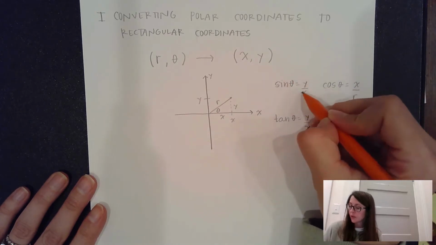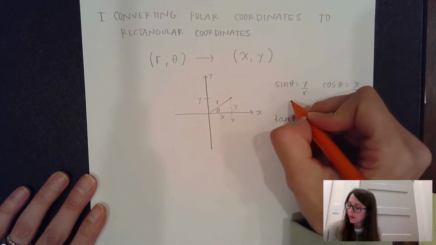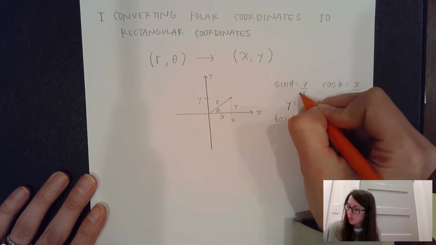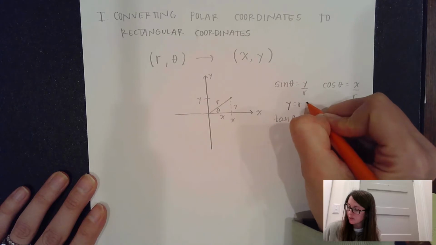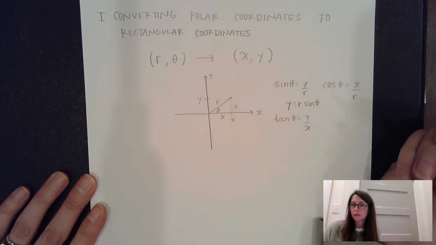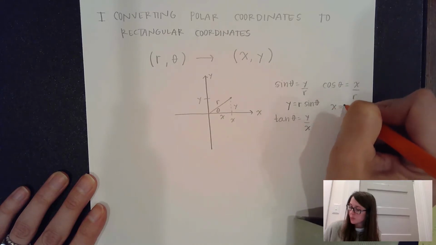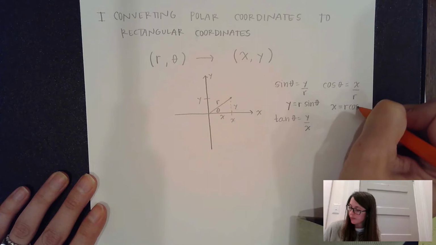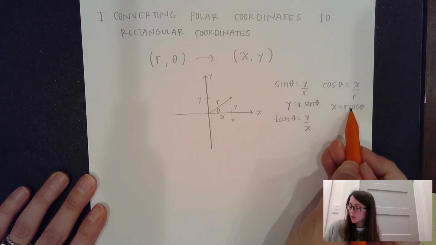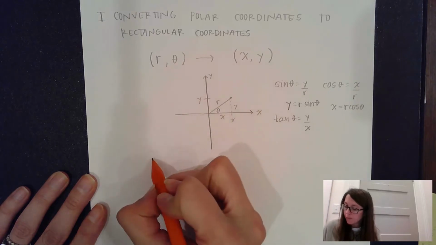So for this first one right here, if I know theta and r, I can find my y value. If I solve this equation for y, it would just be r times sine of theta. If I solve this equation for x, this one would just be r times cosine of theta. So I could use these two pieces of information to help me find my x and my y.